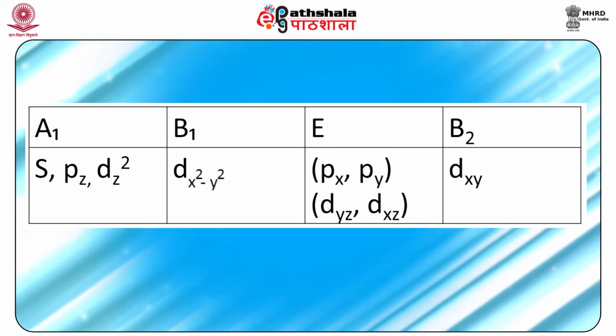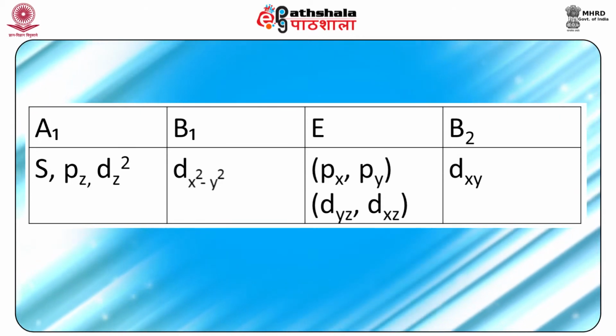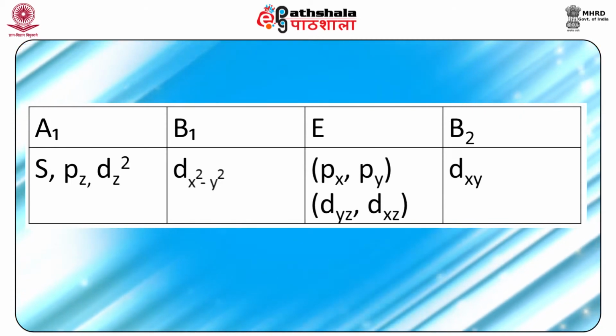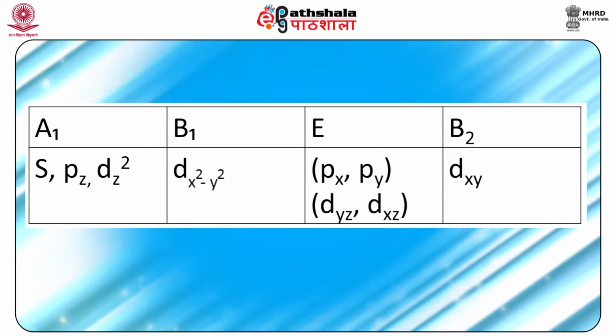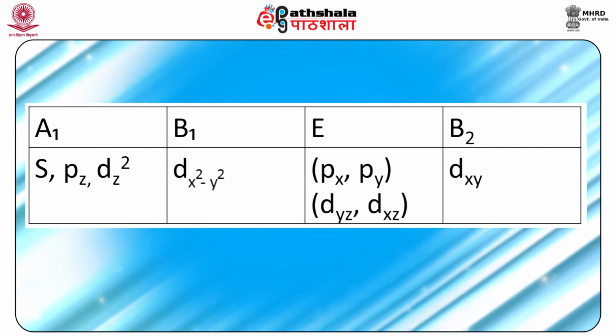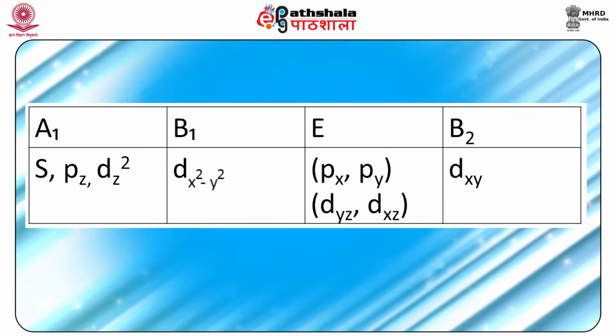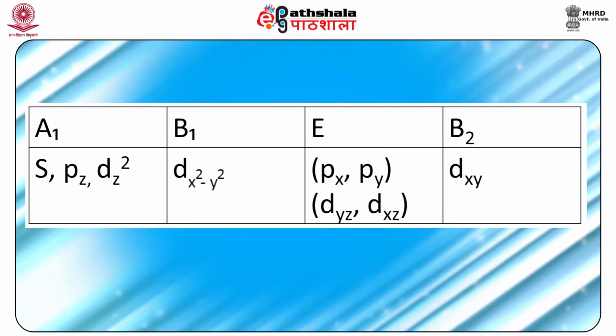For A1 symmetry, the bromine atomic orbitals are s, pz, dz square. For B1 symmetry it is dx square minus y square. For E symmetry we have px, py, dyz and dxz. For B2 it is dxy.